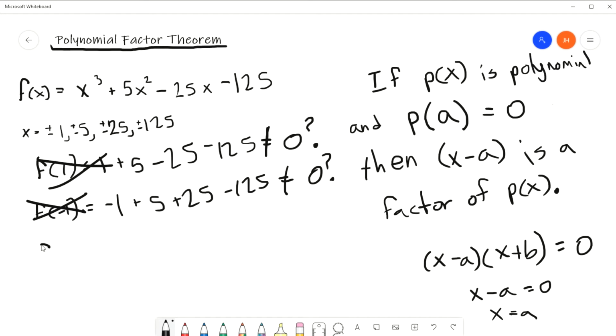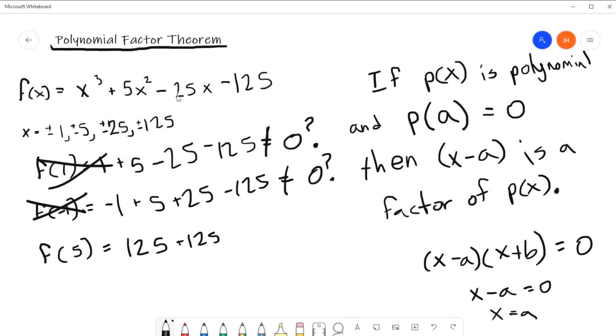So I say, okay, well, what is f of 5? I plug 5 in. 5 to the power of 3 is actually going to be equal to 125. 5 squared is 25. 25 times 5 is another 125.